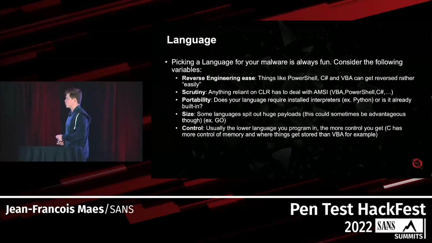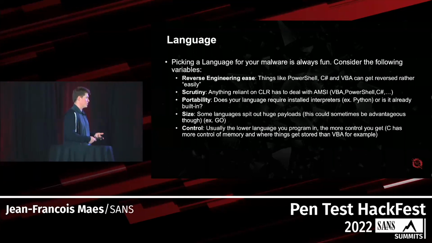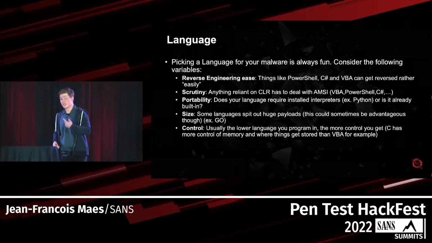There's also more scrutiny. The higher level language you program in, the more scrutinized you're going to get. For example, anything that is using the CLR, which is VBA, which is PowerShell, which is C#, has to deal with AMSI. Of course, we have seen that we can bypass AMSI, but nevertheless, it's still a security control that you have to take into account. Then another thing is portability, right?